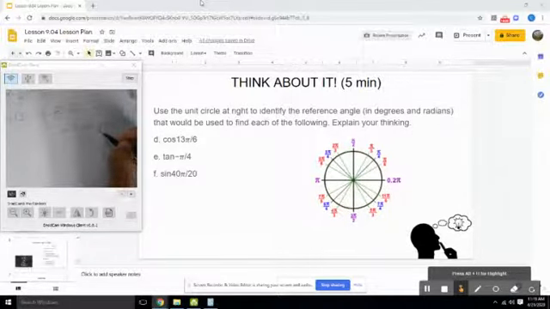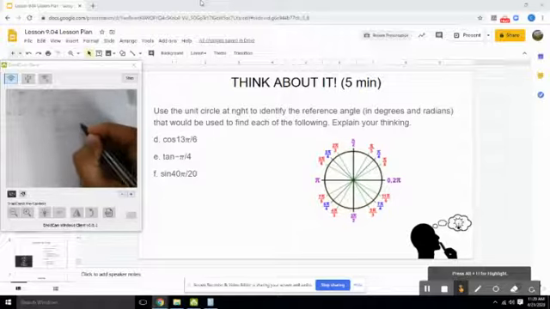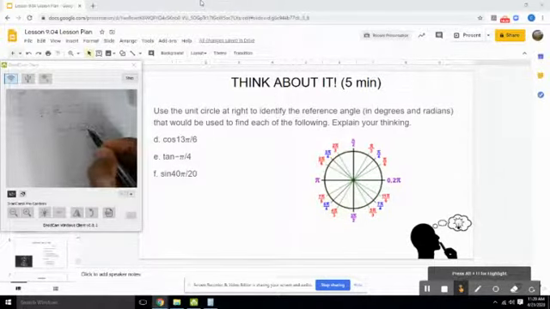And if you do a negative 45, you would just start at 0 and go backwards to there. Okay? So both of them would have the same thing. So we would have 315 as an alternative method.